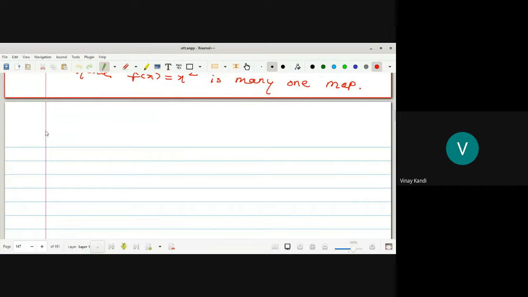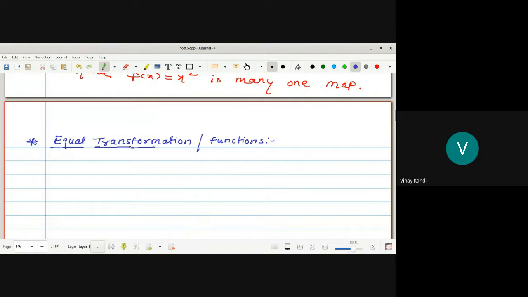The next definition is equal transformation, or equal function. When do we say that two functions or two transformations are equal? Look at the definition.